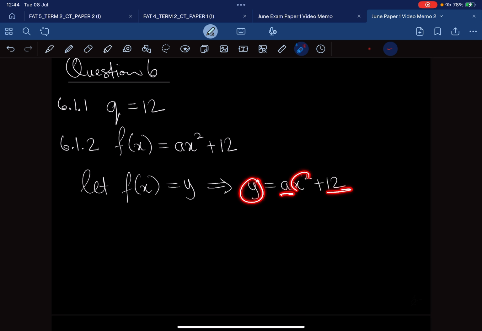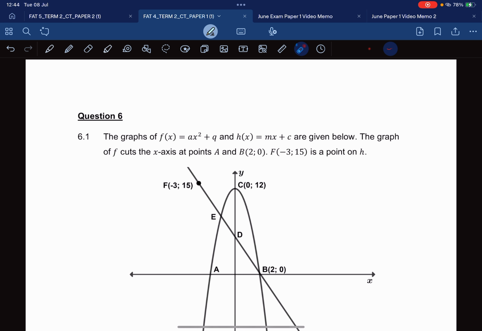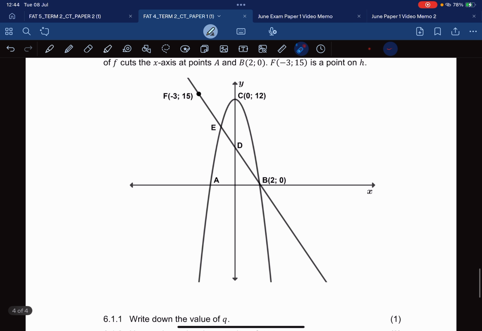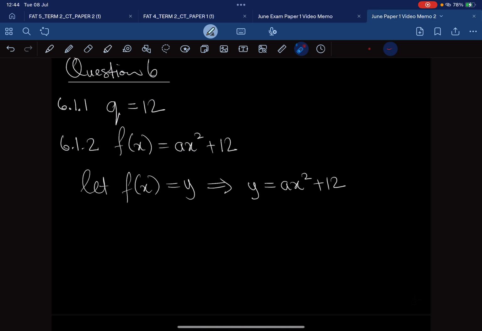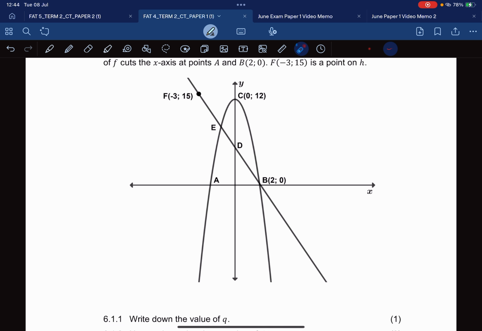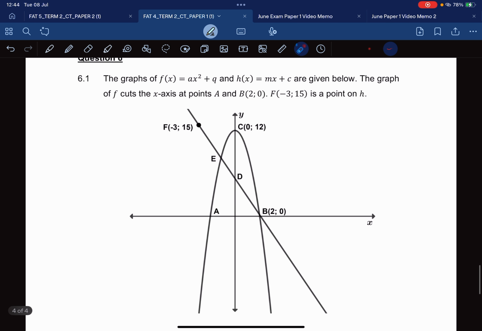But the y and the x, they change. So I can choose any point on the graph to substitute into x and y. Any x, y value on my graph I can substitute into this equation, then my only unknown will be a, and then I can find a. So if I go to my graph, my parabola, careful of course, the point given for f is not on the parabola, it's on the straight line, so I can't use that point.